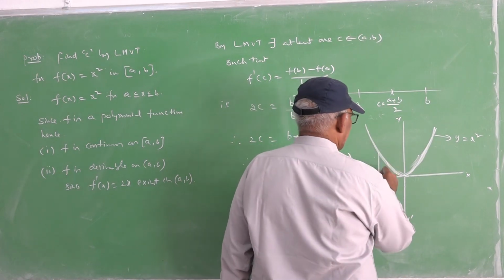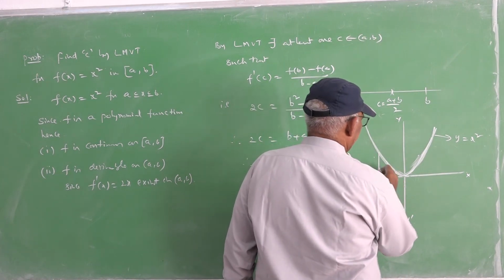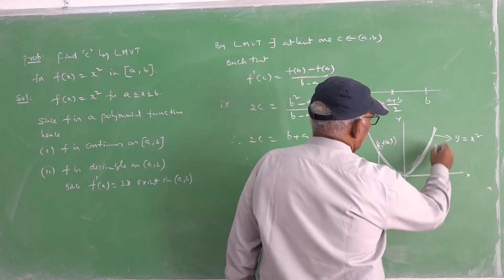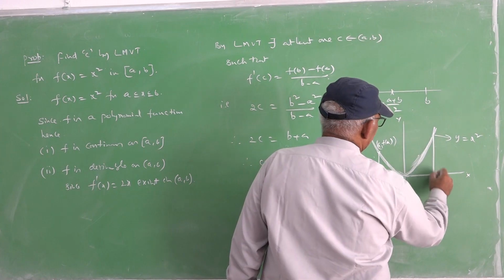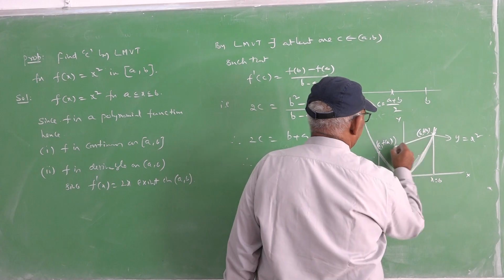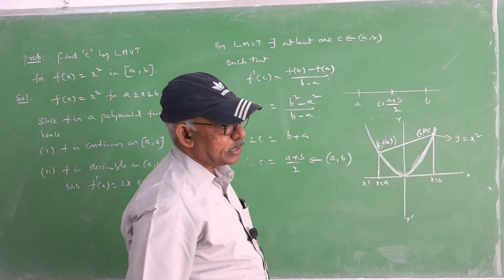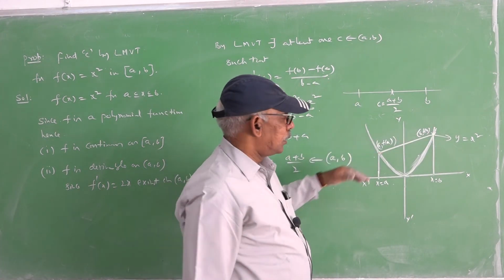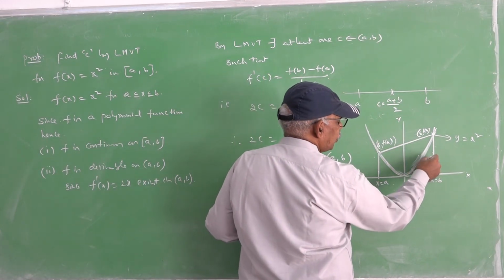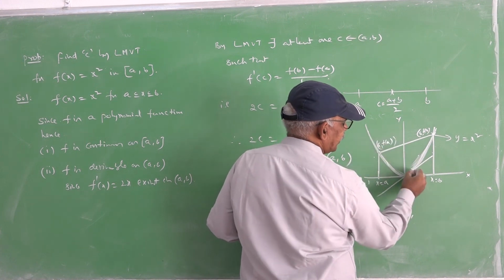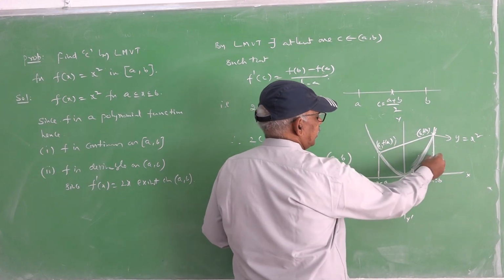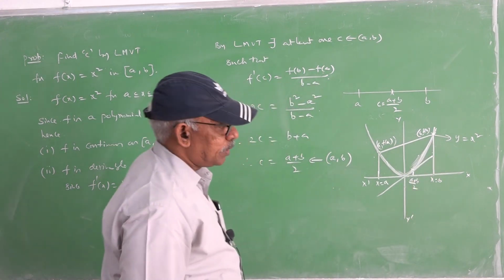Let us take the point x equal to a. That means this is the point a comma f of a. Another point, take b. This is the point b comma f of b. Once you join these, you get a chord. That chord is certainly parallel to the tangent drawn at the point (a plus b) by 2, f of (a plus b) by 2.